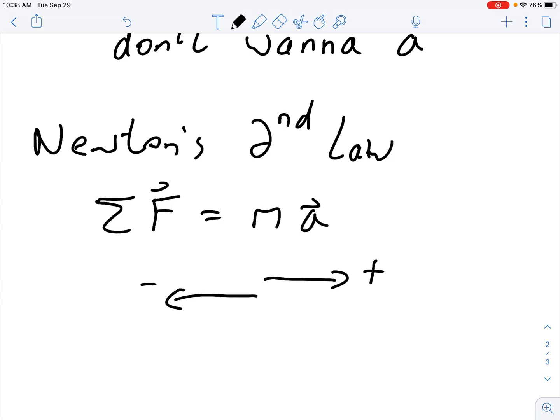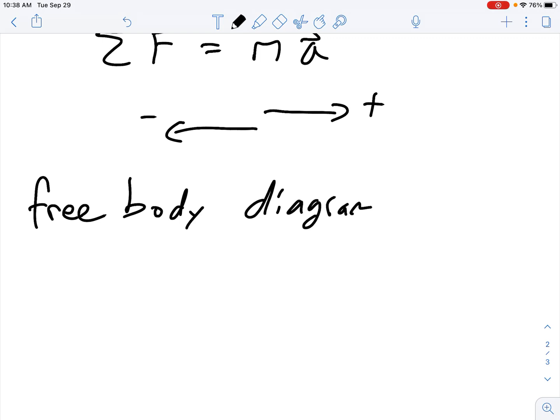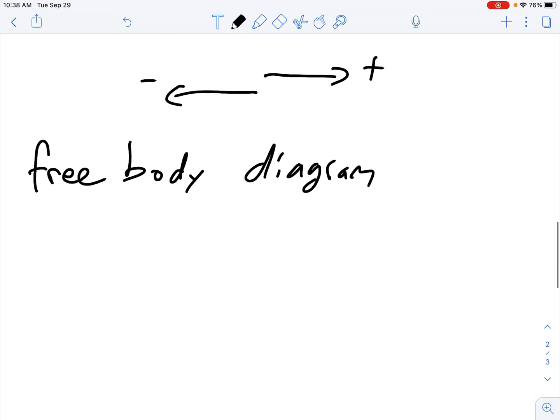Okay? So, how are we going to deal with drawing this stuff? Well, we're going to institute something called the free body diagram. Well, a free body diagram is just a diagram of all the forces acting on some object.